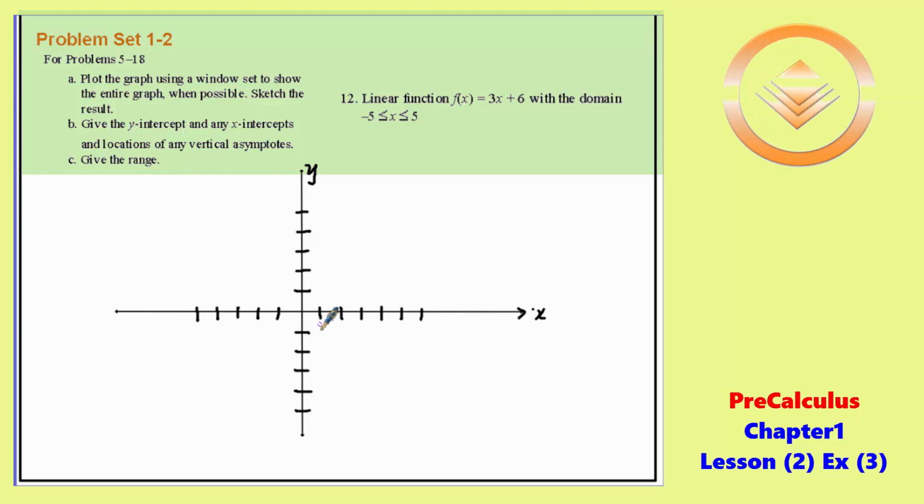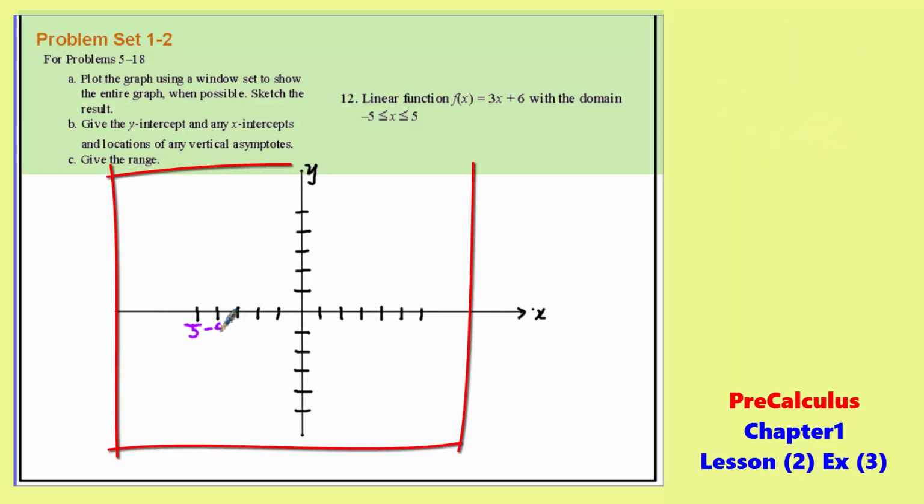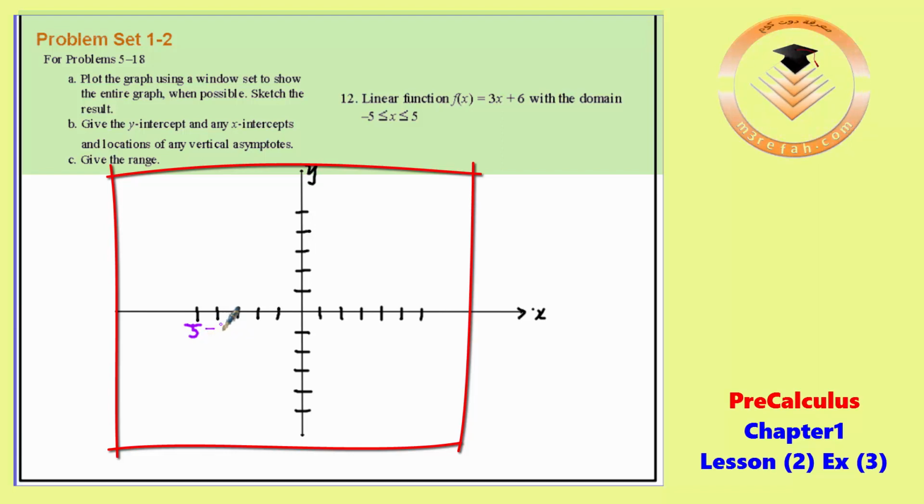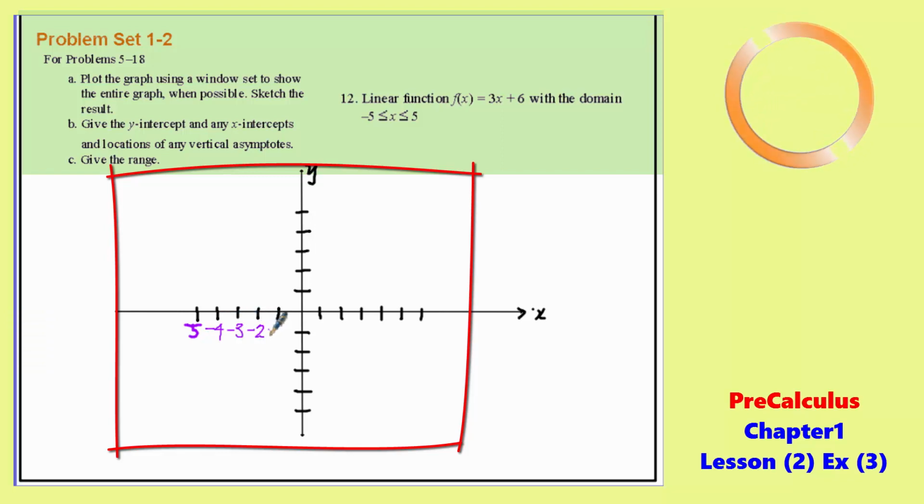The domain is from -5 to 5. That's -5, -4, -3, -2, -1, 1, 2, 3, 4, 5. These values mark our domain.